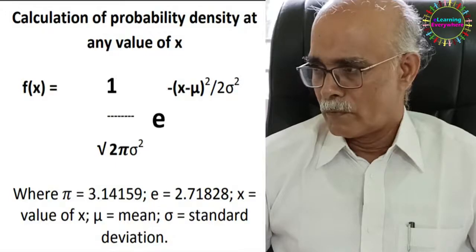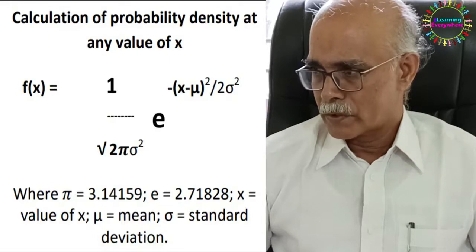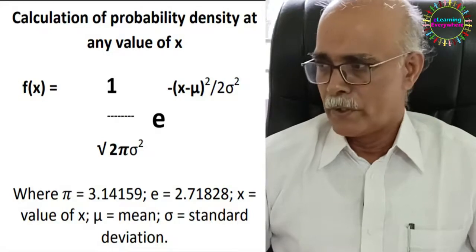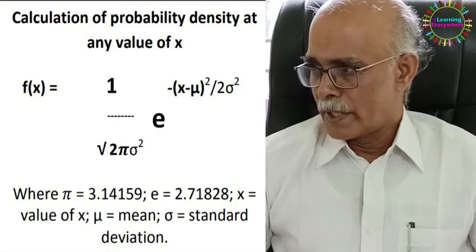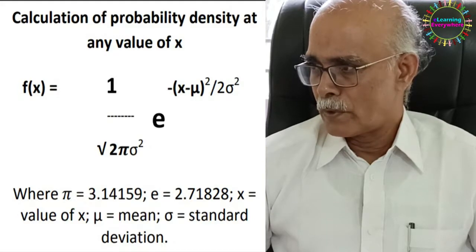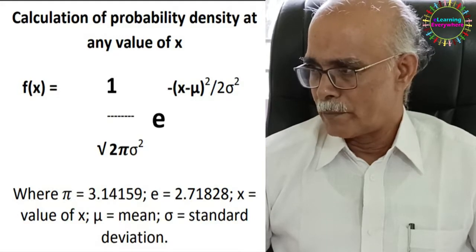Now let us see how we can calculate the probability density at any value of x. Calculation of probability density at any value of x. f(x) is equal to 1 divided by square root of 2 pi sigma squared into e raised to minus (x minus mu) the whole squared divided by 2 sigma squared.